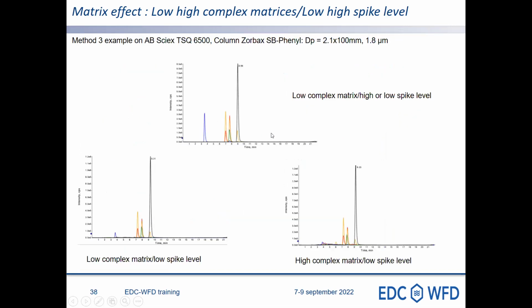Here again, some example of the importance of the matrix. It is another method. Here you have the chromatogram, and you see the distribution and the intensity of the different substances. All the pictures show the same theoretical level of concentration of the different substances we are targeting, in different conditions. Here you have the low complex matrix, here a mid-complex matrix, and here the high complex matrix.